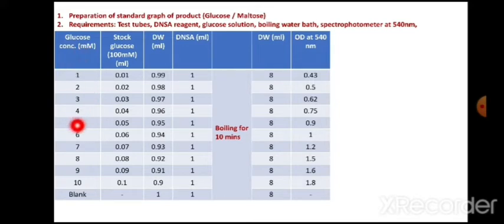We are going to prepare a standard graph in the range of 1 to 10 millimoles, and at the end there is a blank. The second column is the stock glucose solution in ml, where the stock glucose solution is made up with a strength of 100 millimolar.